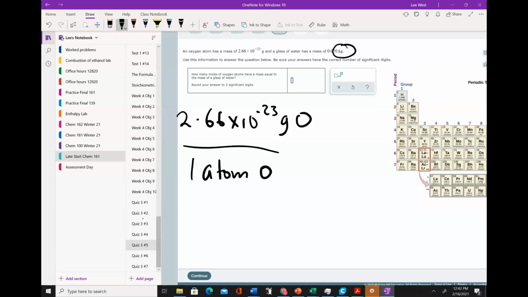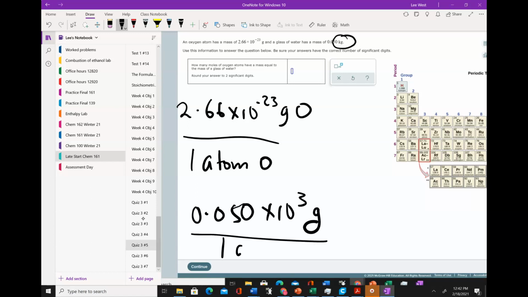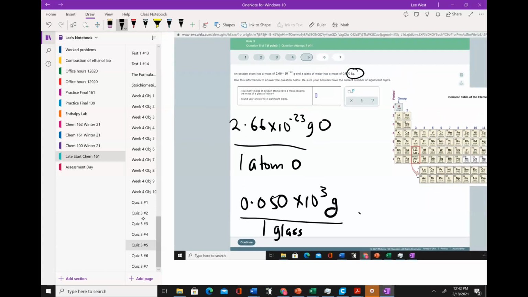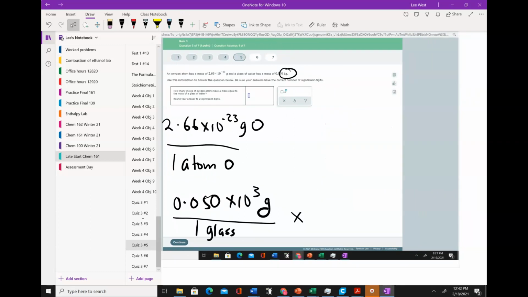So I want my glass of water mass to be expressed in grams. So 0.050 by 10 to the 3 grams in 1 glass of water. Okay, and then I know that I get 1 atom of oxygen for every 2.66 times 10 to the minus 23 grams.